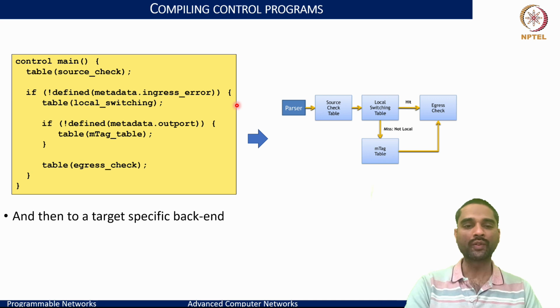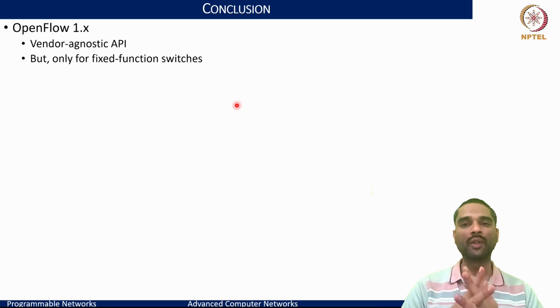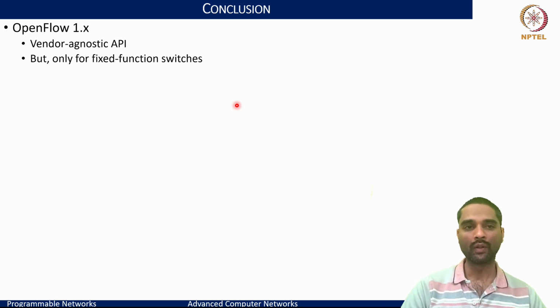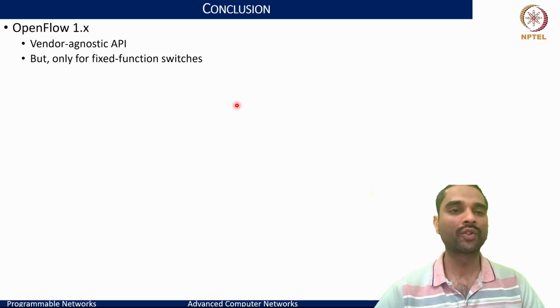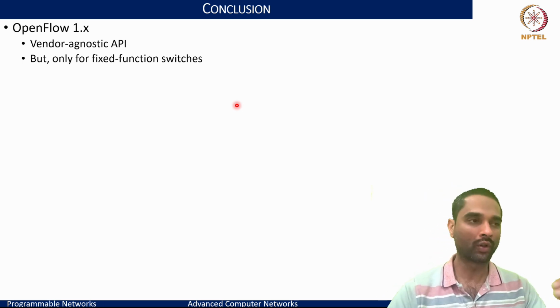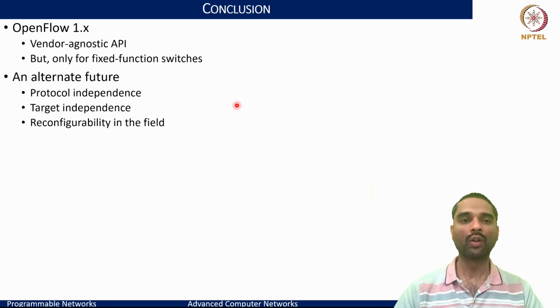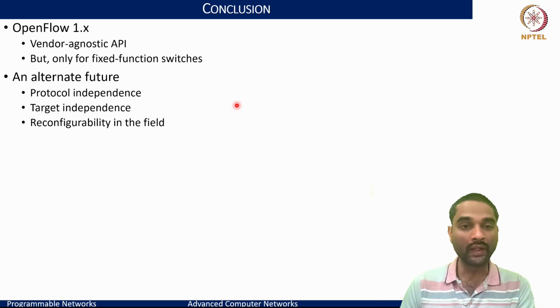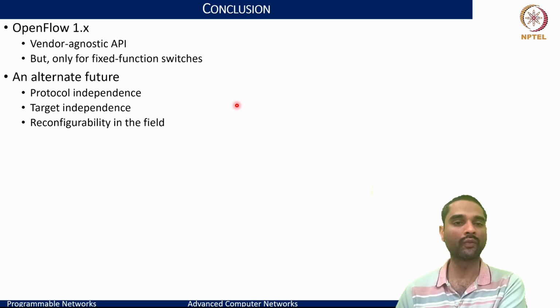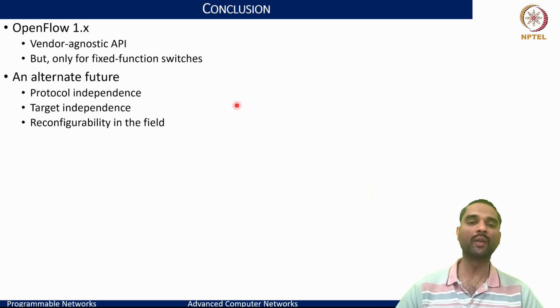So to summarize, what we have looked at is the way P4 programs can be built, where we start with the vendor agnostic APIs in OpenFlow 1.0 for how to dictate what actions are to be done, and build on top of that how intents can be specified to the hardware device in a protocol independent and target independent manner, and be able to reconfigure that using the SDN control plane.